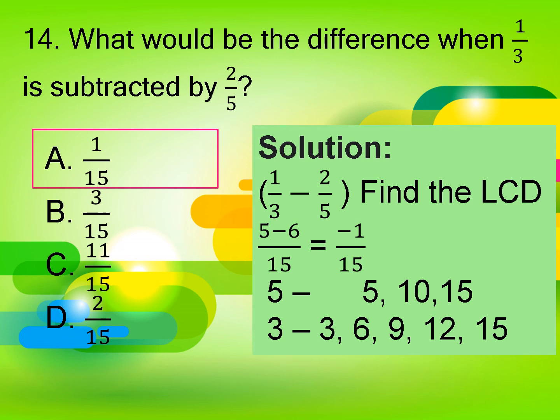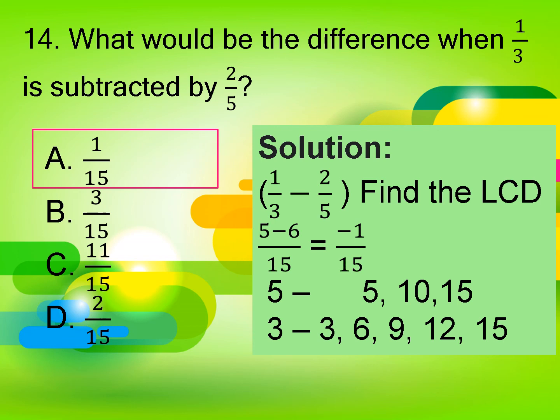But in this given, we have 3 and 5, so they have different denominators. So we'll get the LCD. How are we going to get the LCD? Write the multiples of 5: we have 5, 10, 15. And the multiples of 3 are 3, 6, 9, 12, and 15.